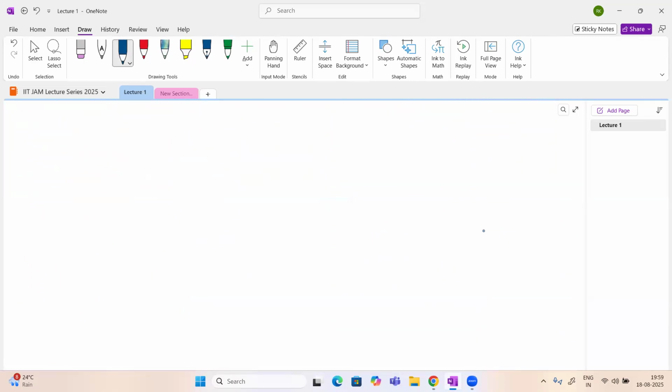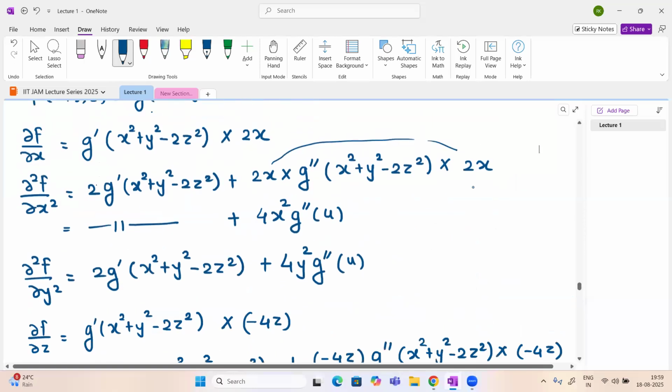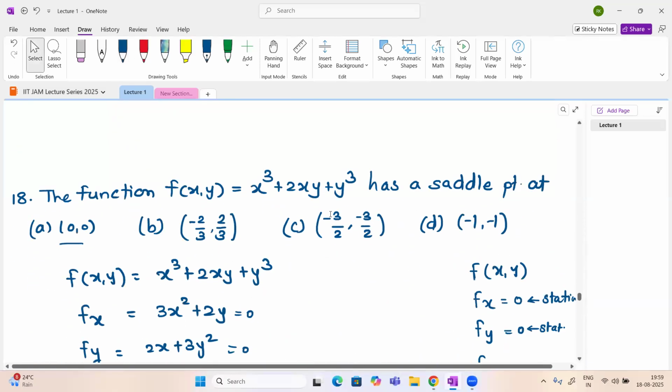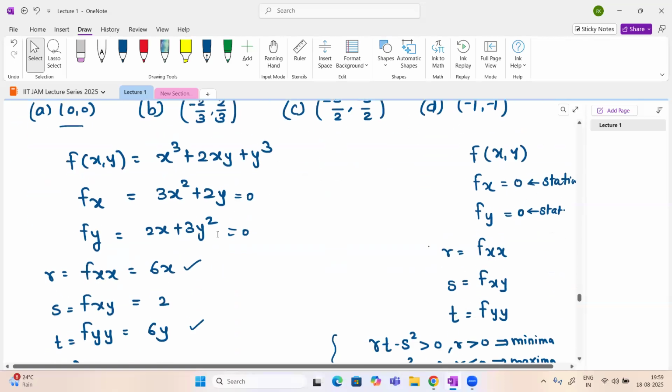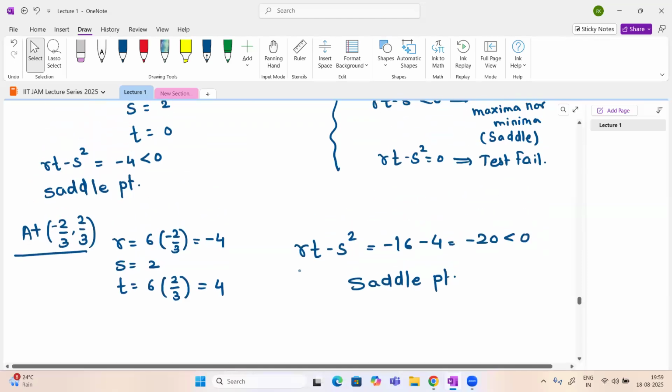But in case of the second point, let me check. Yes. So -2/3 and 2/3 does not satisfy the condition fx = 0 and fy = 0. So it won't be a saddle point.